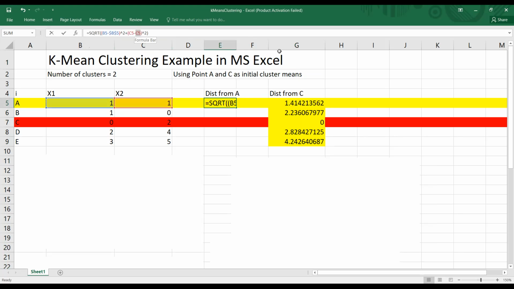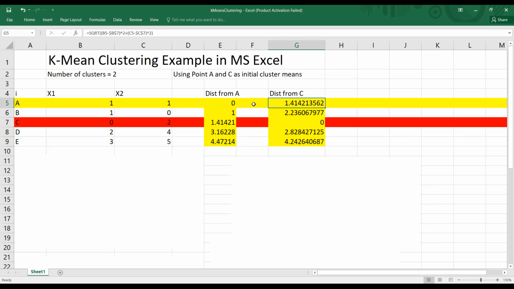Freeze the content of C5. Enter this and copy the formula to the rest of the rows. So these are the distances. This is the distance from A to A, this is the distance from A to B, the distance from A to C, the distance from A to D, and this is the distance from A to point E.